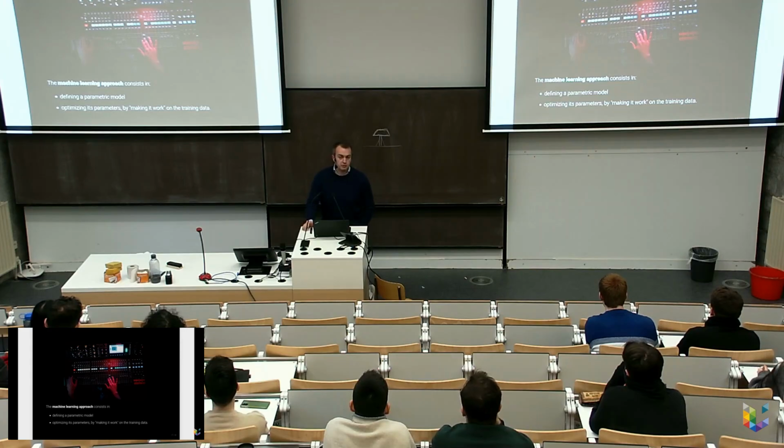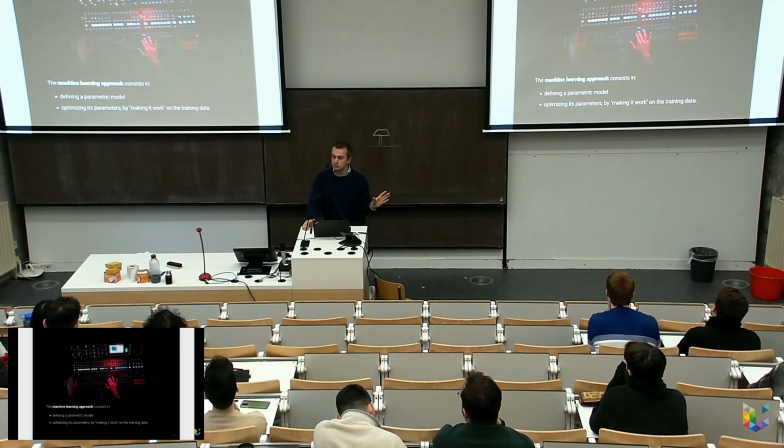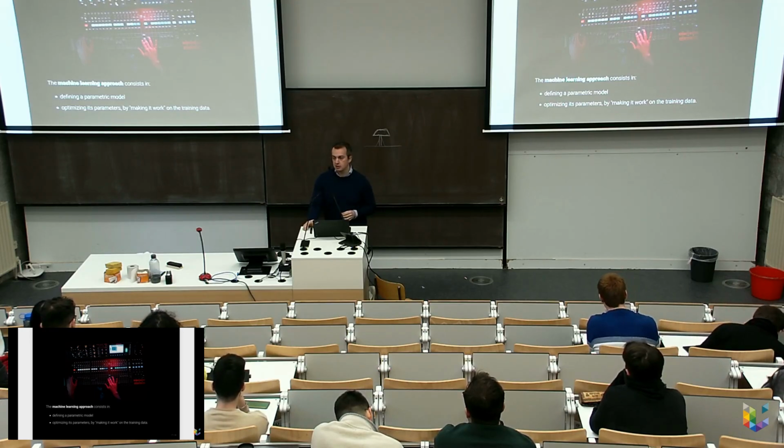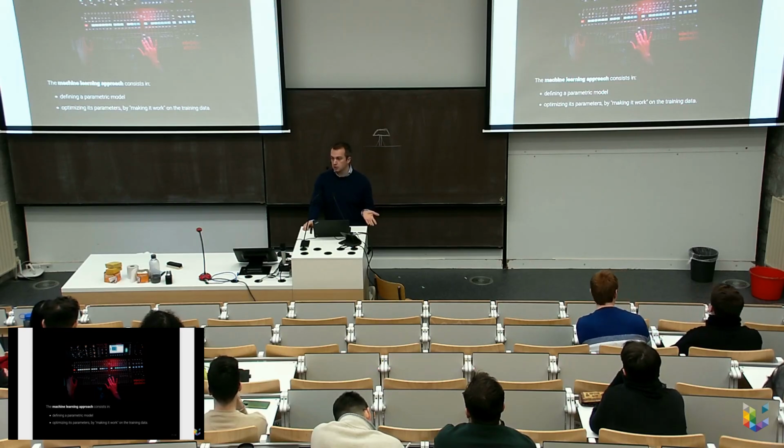It's made of two simple steps. First, you define a parametric model. So basically a mathematical function with parameters, and this function is, for some configuration of the parameters, able to produce correct, very good, or maybe bad predictions.